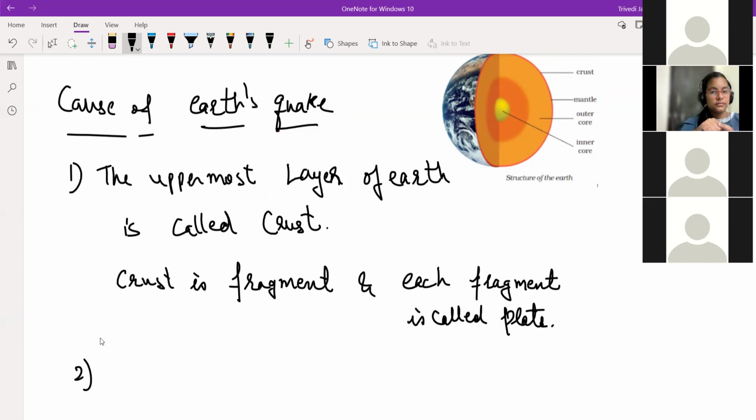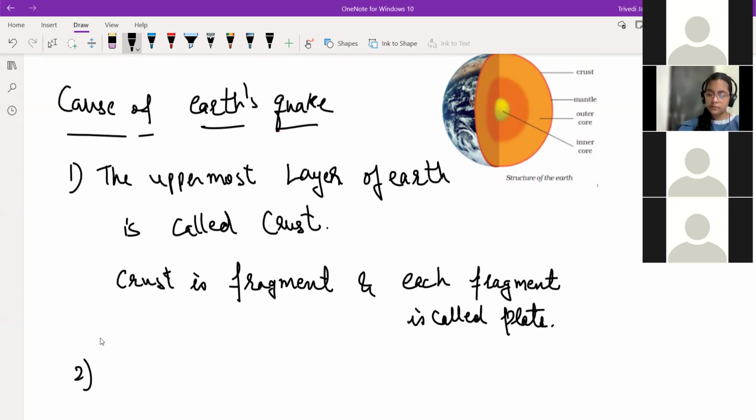Yeah, it depends upon its magnitude and range. If the magnitude is really very high, on which part will it have an effect: crust, mantle, or core? Both, it can be both.